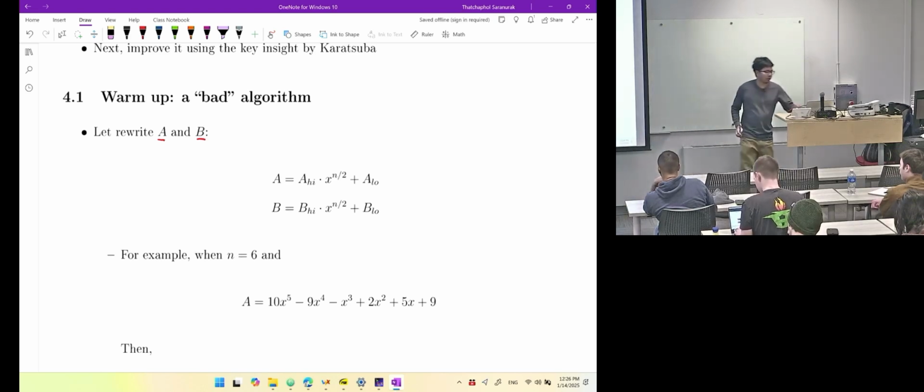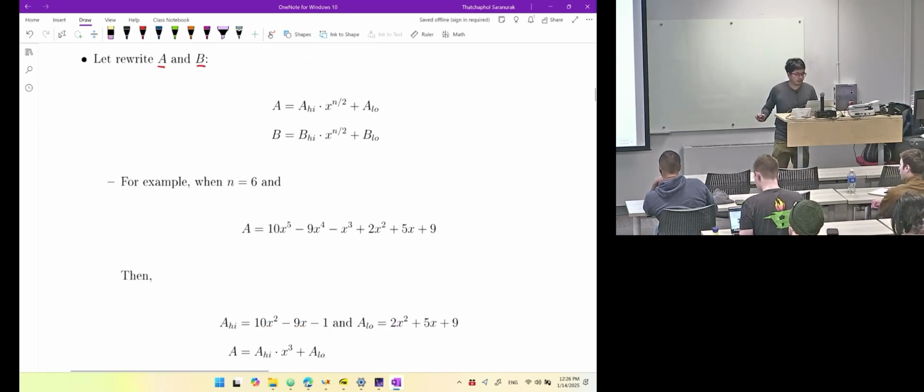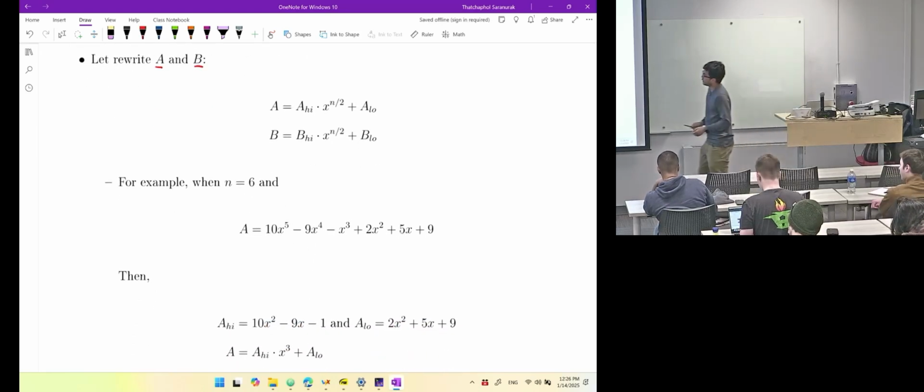Maybe an example is good. Suppose that A looks like this, a polynomial of degree 5. There are 6 terms here. Then you divide it into 2 smaller polynomials. The first 3 terms, I write as A high.